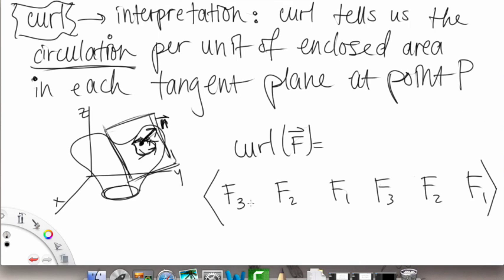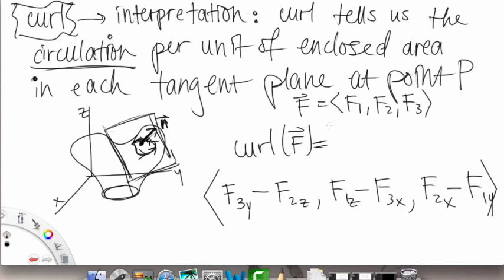And then also, you're going to put in the little letters, so that would be, you start with Y, and then you go to Z, Z, X, X, and a Y. And then you have to add in at the last part, a minus sign, a comma, minus sign, comma, minus sign. Okay? So this is the formula for the curl when your given vector field is F sub 1, F sub 2, and F sub 3.